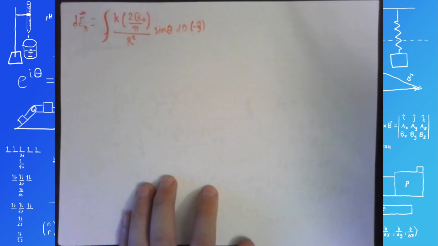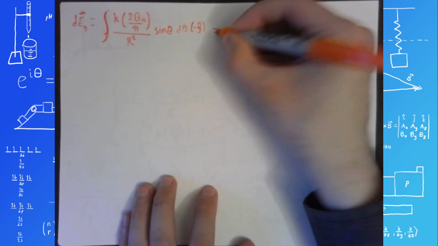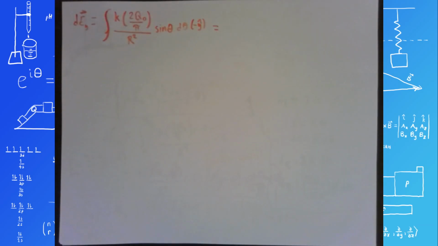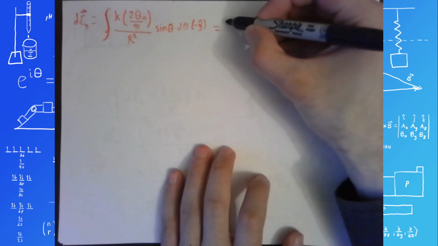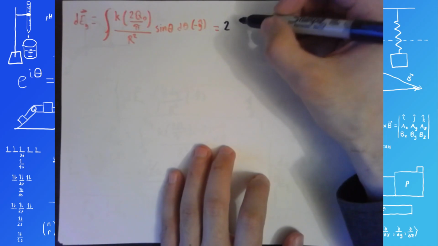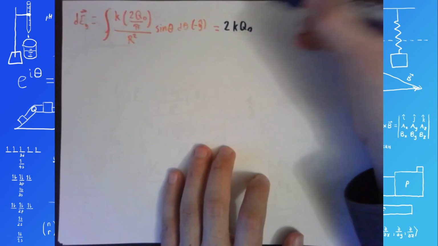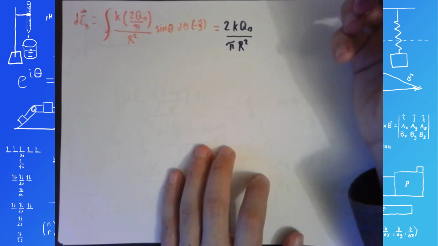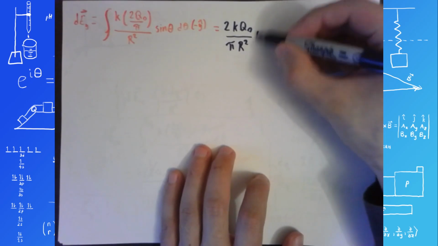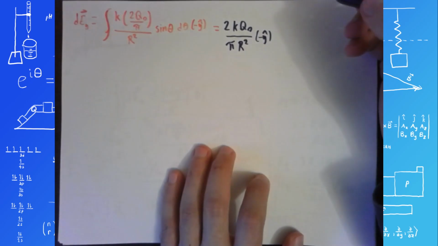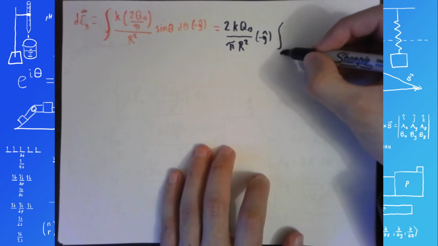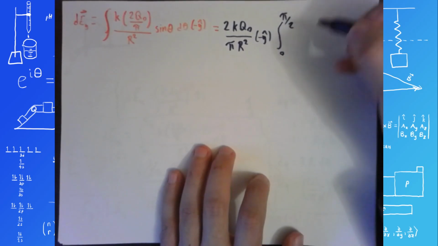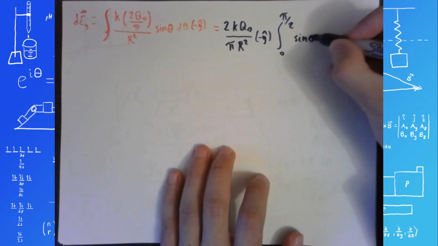All right, we can pull all those constants out. Let me switch colors. So that leaves us with 2k q0 over pi big R squared, and then times negative y hat, and integral from theta equals 0 to theta equals pi over 2 of sine of theta d theta.